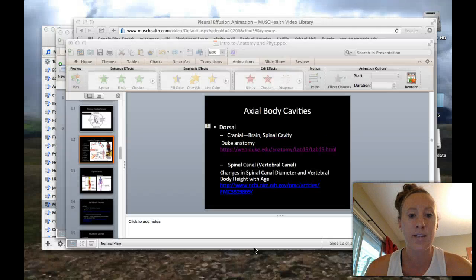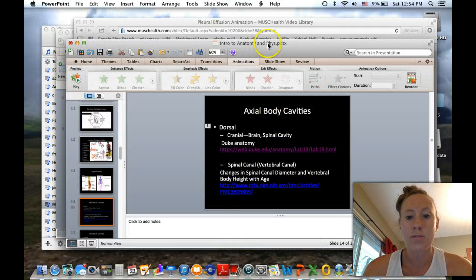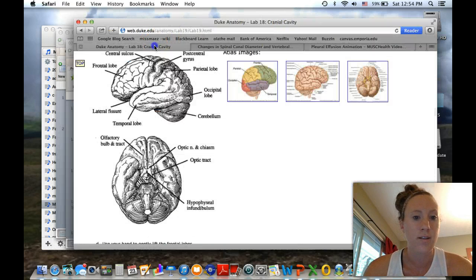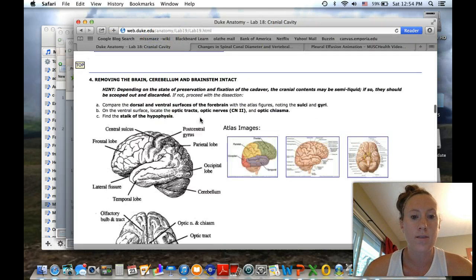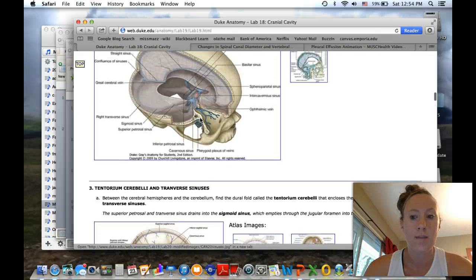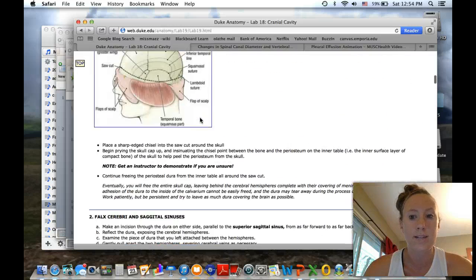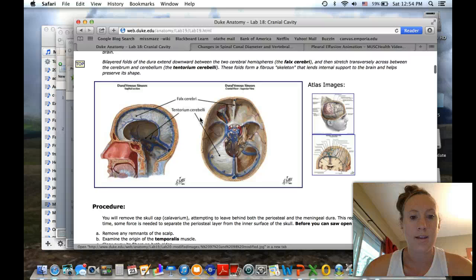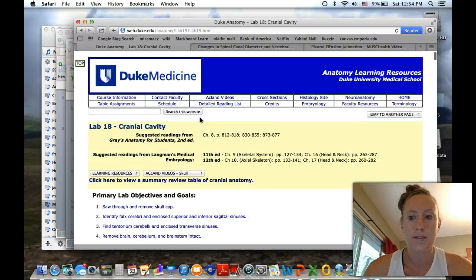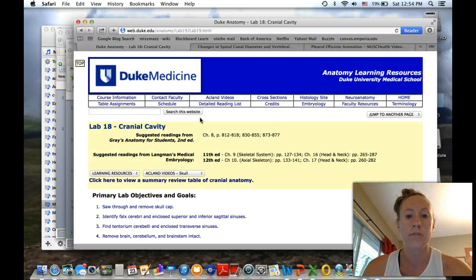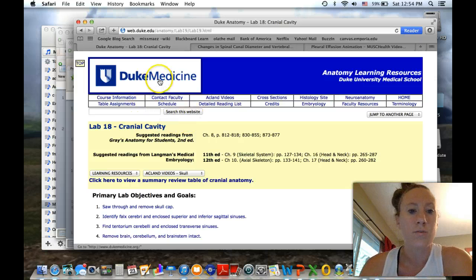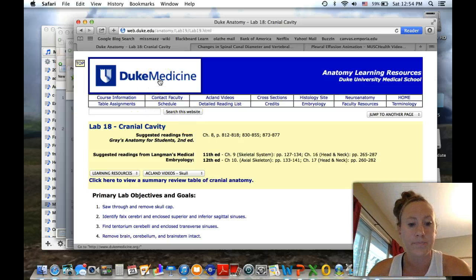So the cranial cavity has our brain and our spinal cavity, so let's look at what that looks like. I'm on the Duke Anatomy website, and they've got some great images. If you are ever looking things up, go to duke.edu/anatomy.